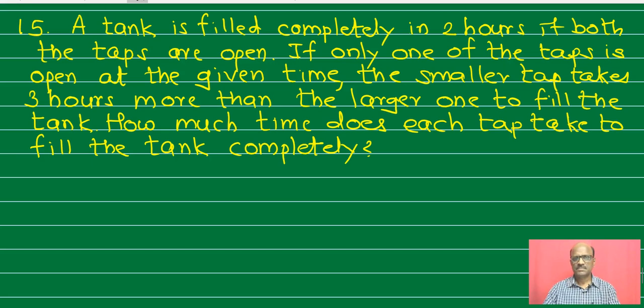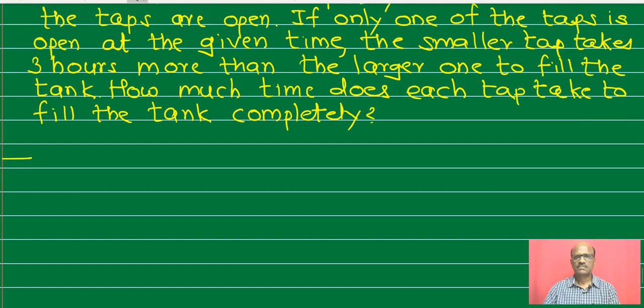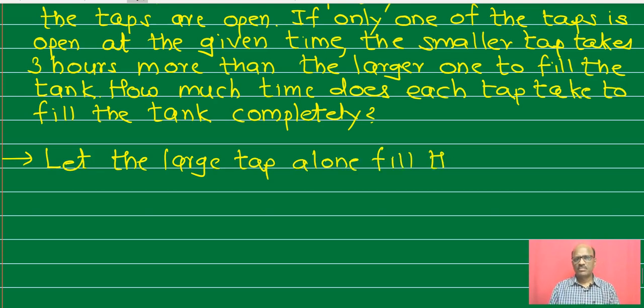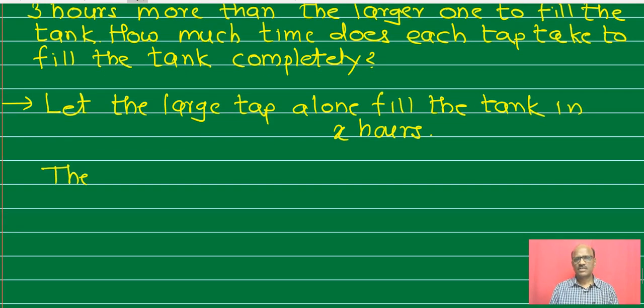Now see this. Let the larger tap alone, म्हणजे मोठा जो टॅप असेल नळ असेल तो भरण्यासाठी x hours x तास लागतात त्याला. मग छोटा किती असेल तर x plus 3.